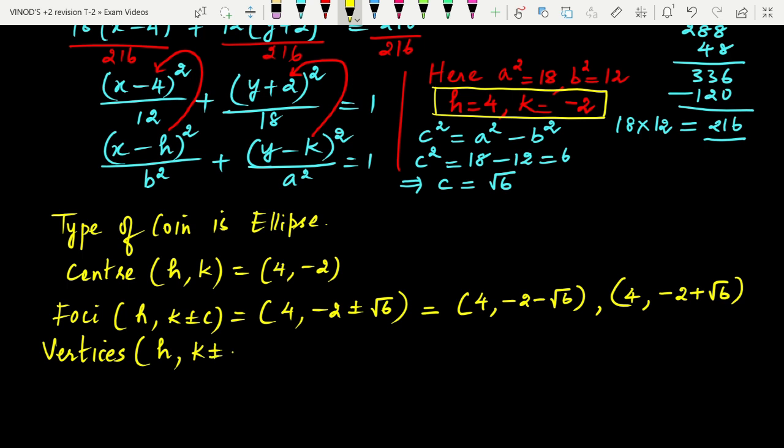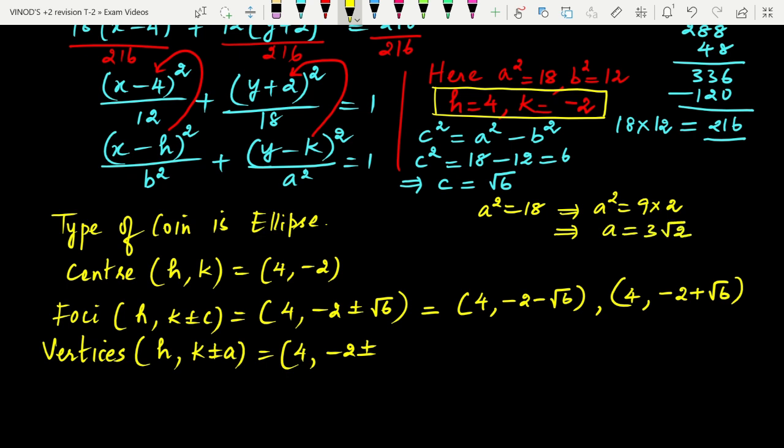Coordinates of the vertices are (h, k ± a). a² is 18, which can be written as 9 into 2, so a is equal to 3√2.